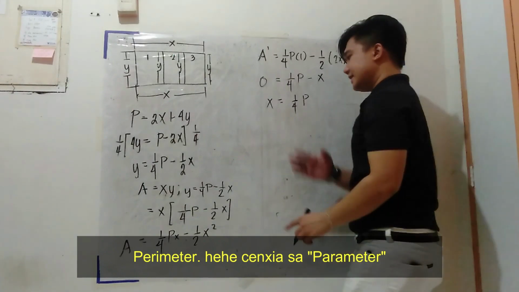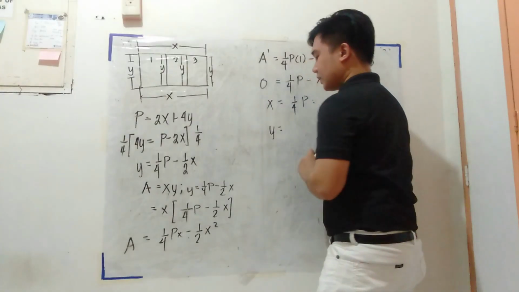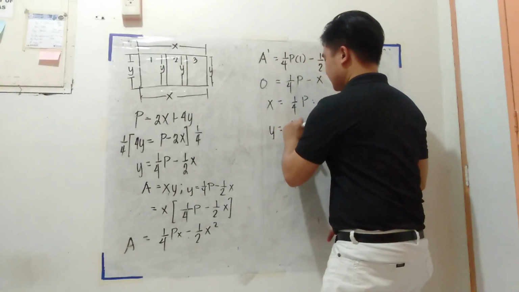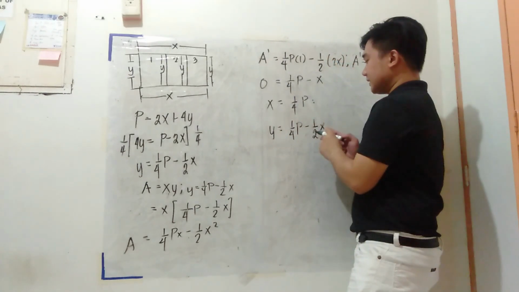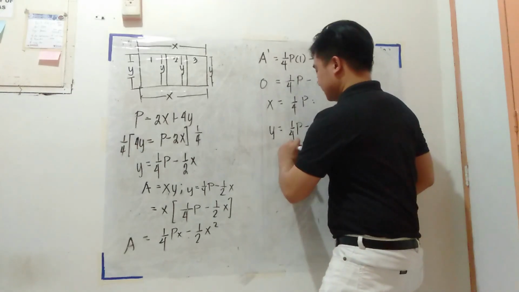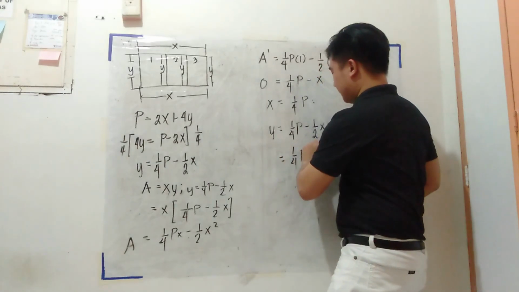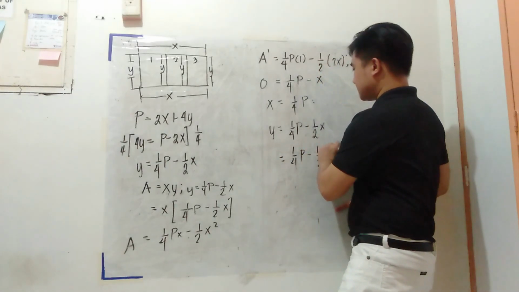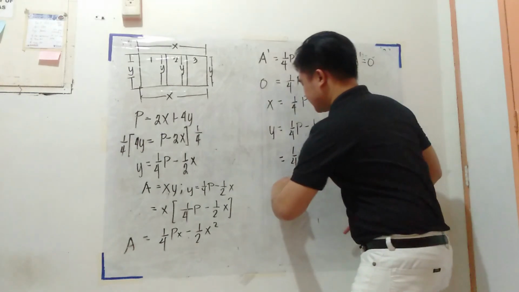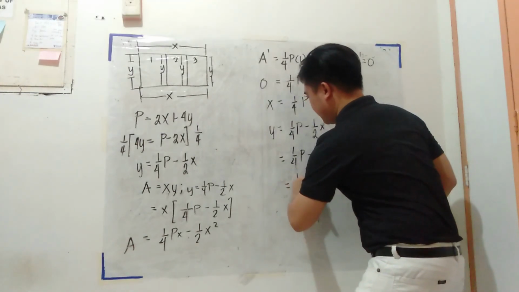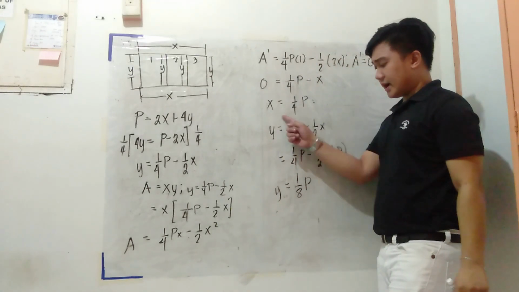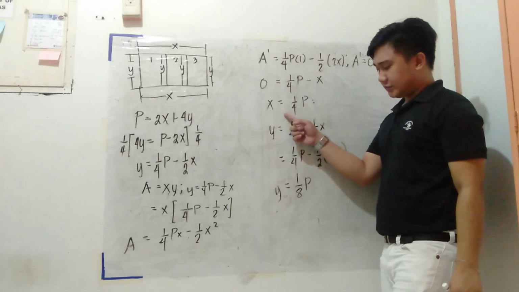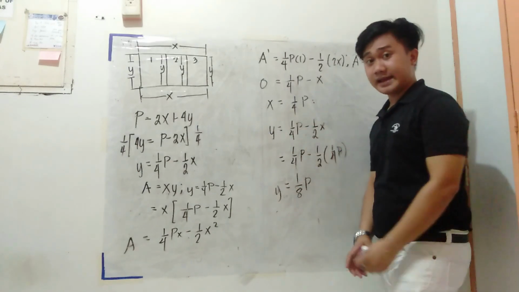Okay? And then, so y is equal to 1/4 P minus 1/2 x. So, pasok lang natin yung value dito ng x. This is 1/4 P minus 1/2 times 1/4 P. This is equal to 1/8 P. Okay? So kung ikukumpara natin ang value ni x and y, si x ay doble ng value ni y.